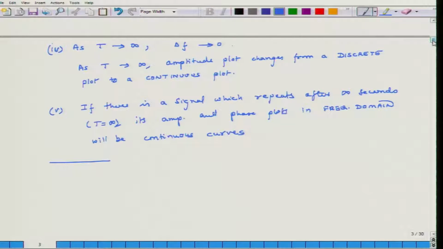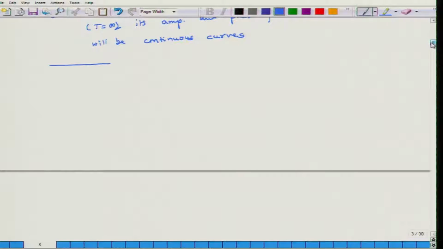So, the transformation of aperiodic signals. So, what is an aperiodic signal?